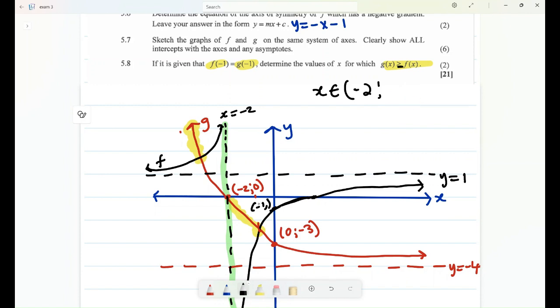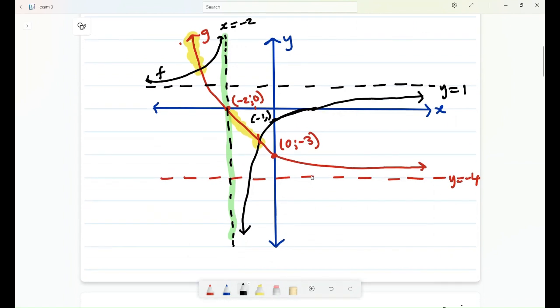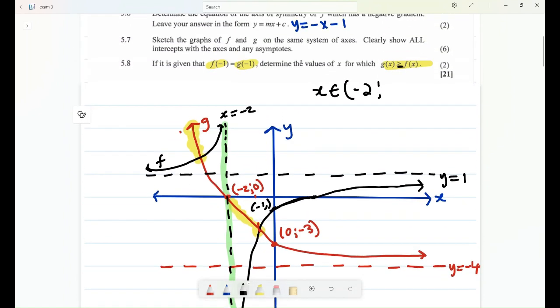Because the graph of f does not touch -2. Why? Because it is an asymptote, so we won't include that, even though g touches, since we are talking about both of them. -2 to this point, which is -1. Can I include -1? Yes. Why? Because at -1 both graphs touch and there is no asymptote. This is the first solution.